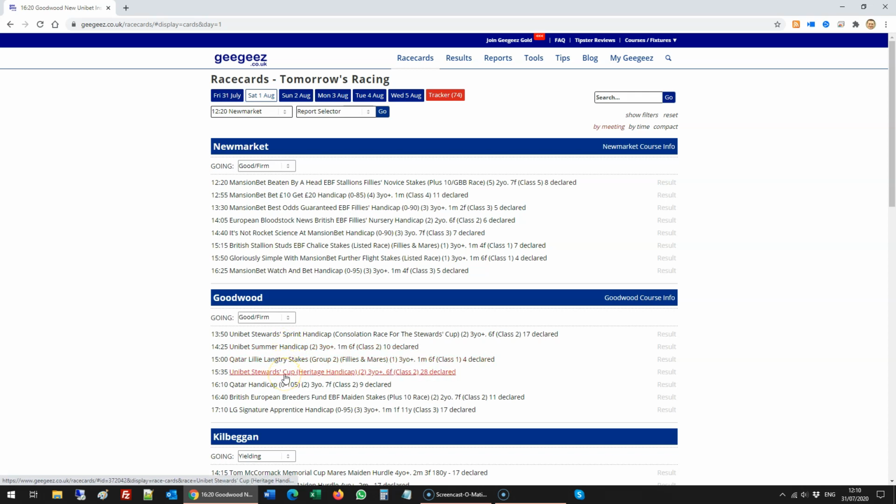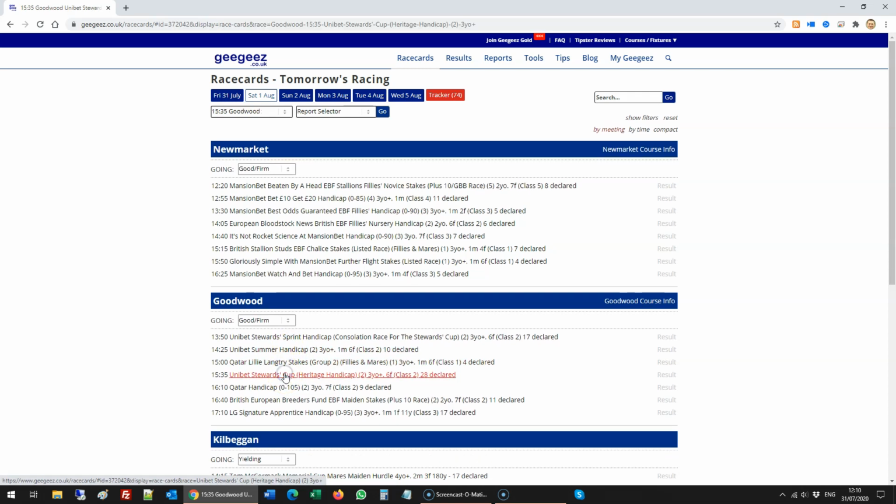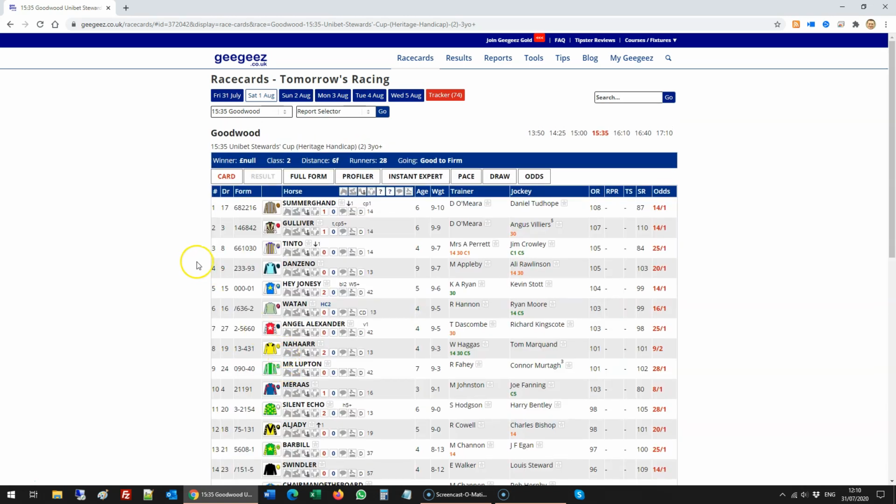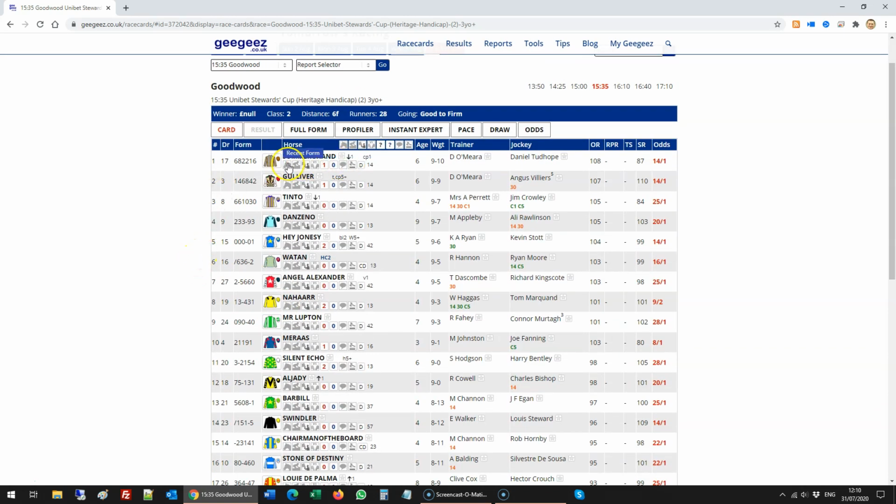I'm going to go to the Stewards Cup tomorrow as I'm recording this, and our dear old coloured icons, you can see, have now gone grayscale. The reason we've done this is a couple of things. First of all, I thought that the original icons, though we'd all got very fond of them and familiar with them, looked a bit dated and, to be honest, probably not quite professional enough.